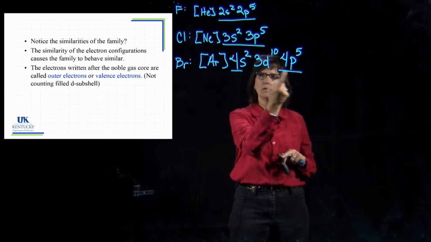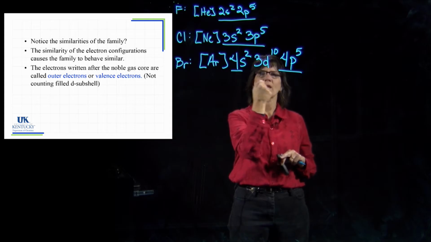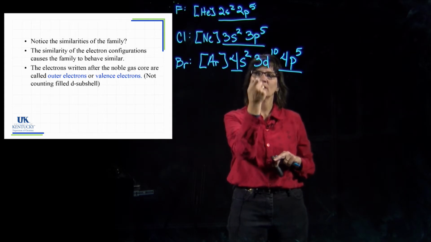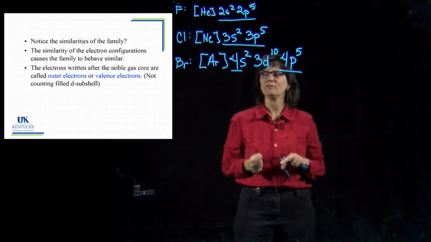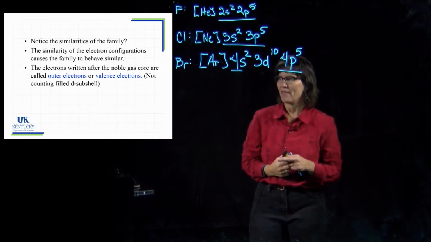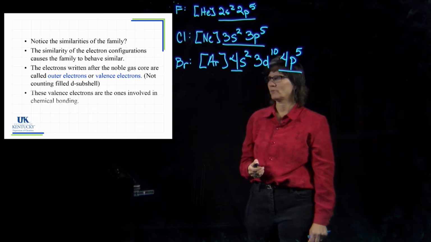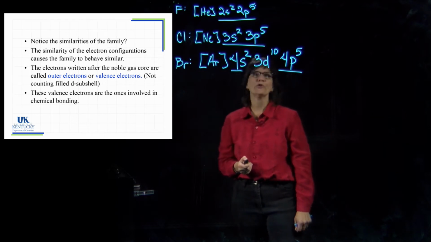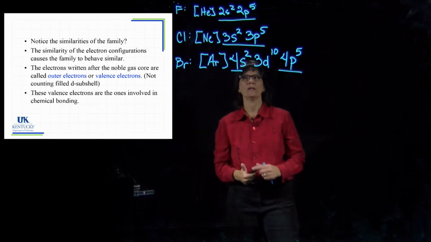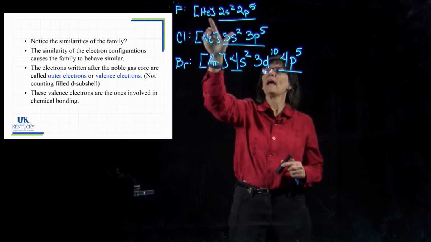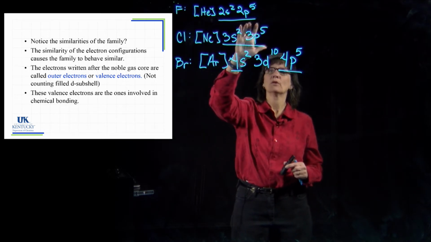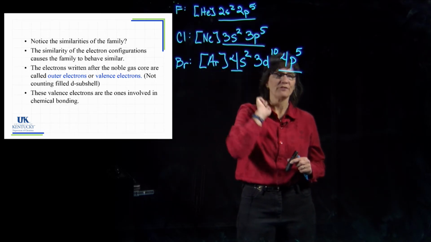The outer shell is the highest n's, and any incompletely filled d's. But since those are completely filled, we would not count them. Those are called valence electrons or outer shell electrons, and those are the ones that are always involved in bonding.